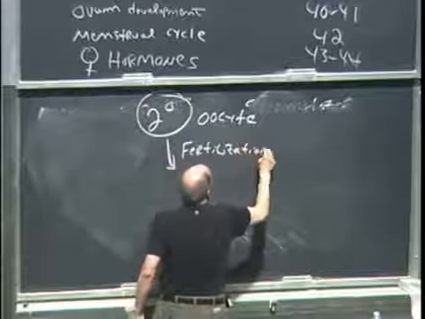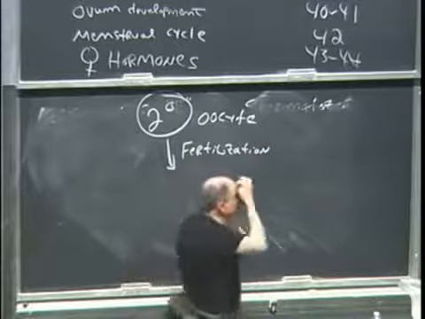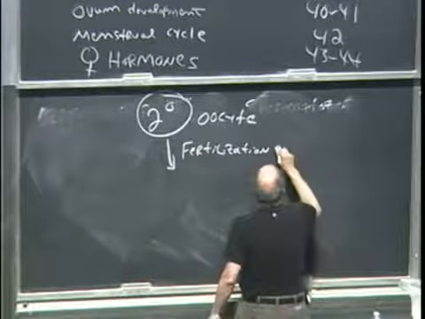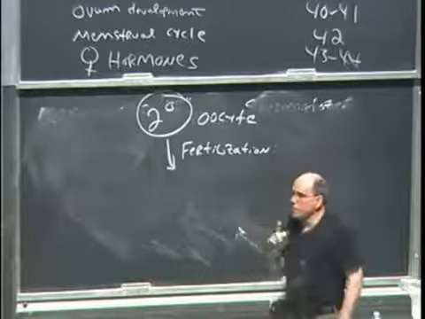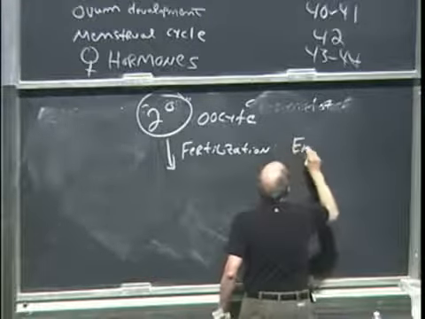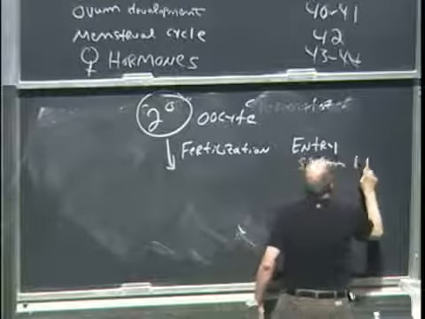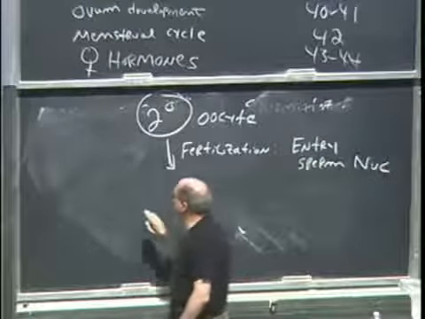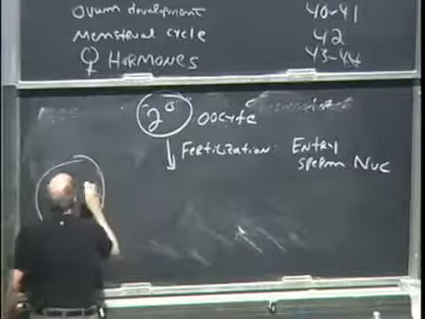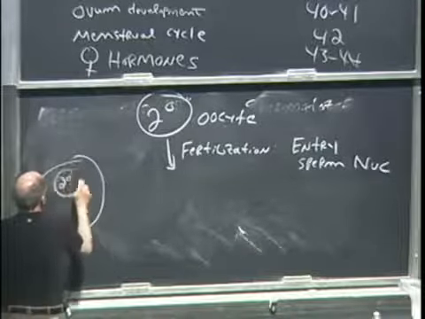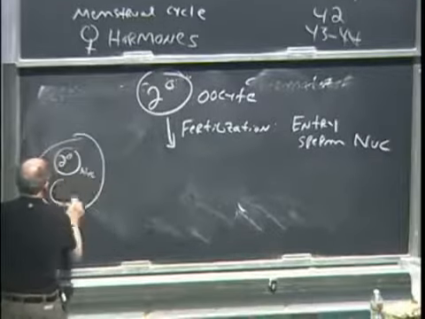Actually, this all takes place in the fallopian tubes, which we'll talk about Friday. And what I call fertilization, my definition, is entry of the spermatozoa nucleus.